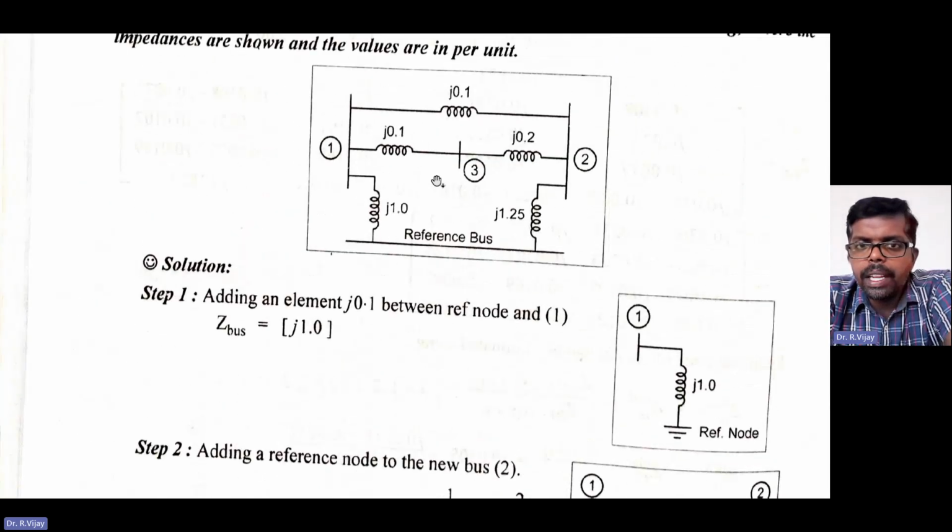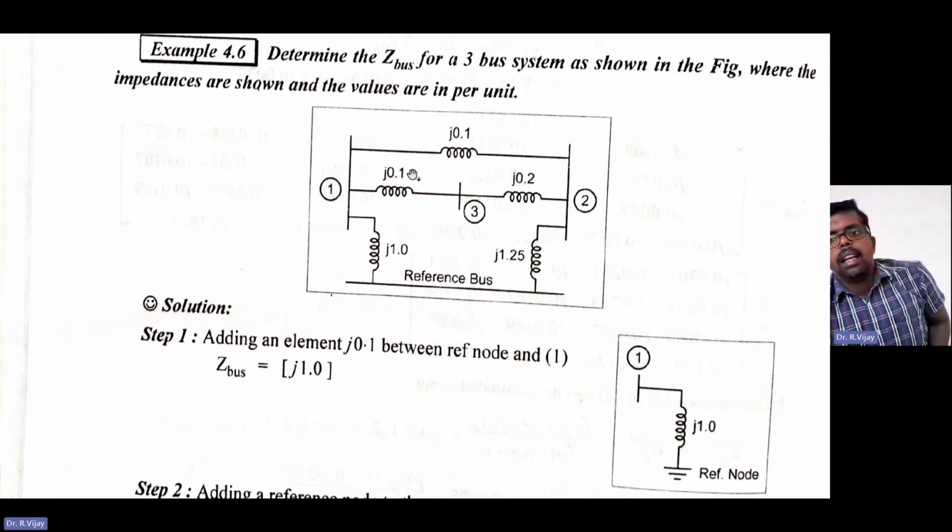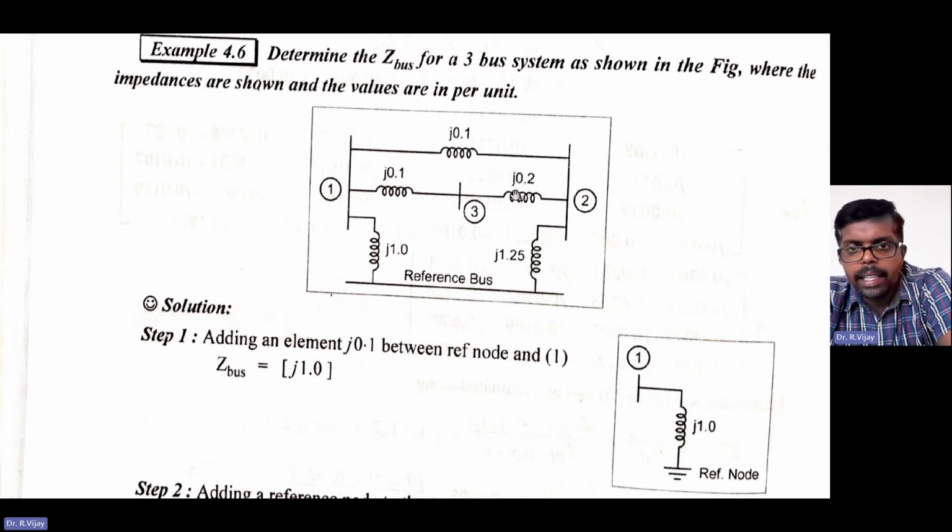You need to be very, very careful, because the same problem may be asked in your exam. Just go through the problem once. If it is not given like this, this particular element is not given, between the existing node also not given, the problem is very simple.